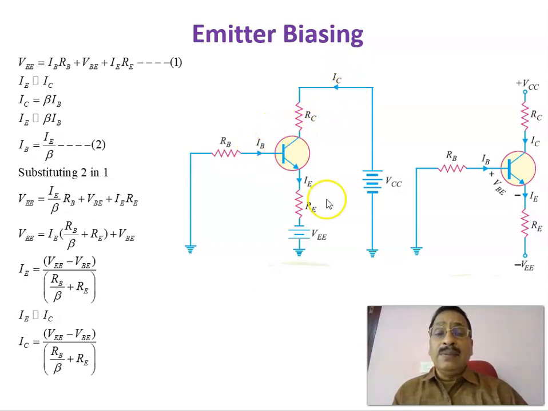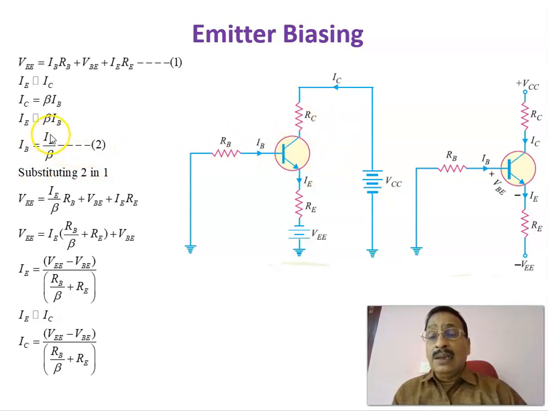So you can say that IE is approximately equal to IC, or you know that IC equals beta times IB, so IE is approximately beta times IB.